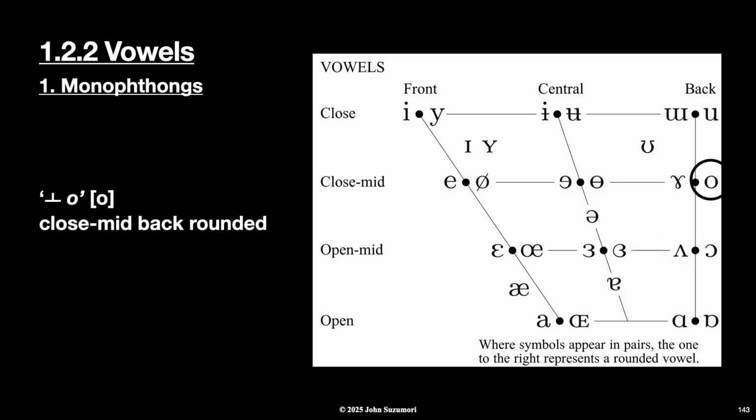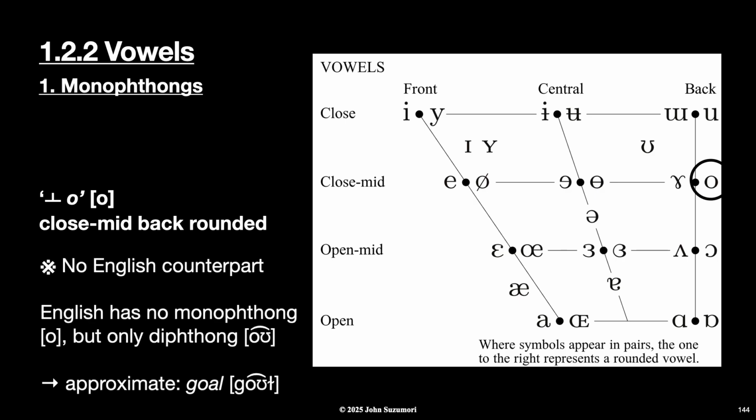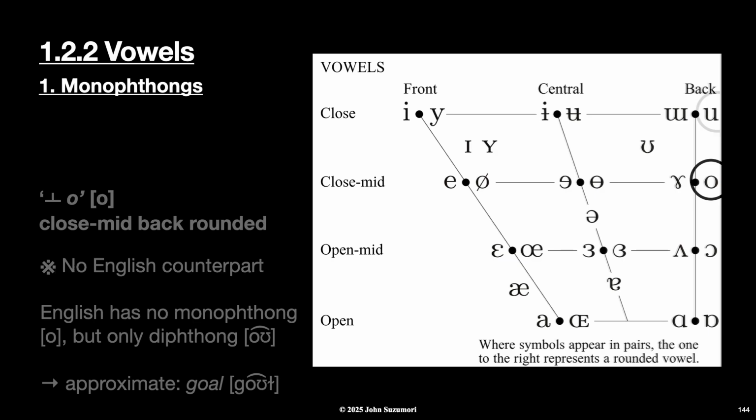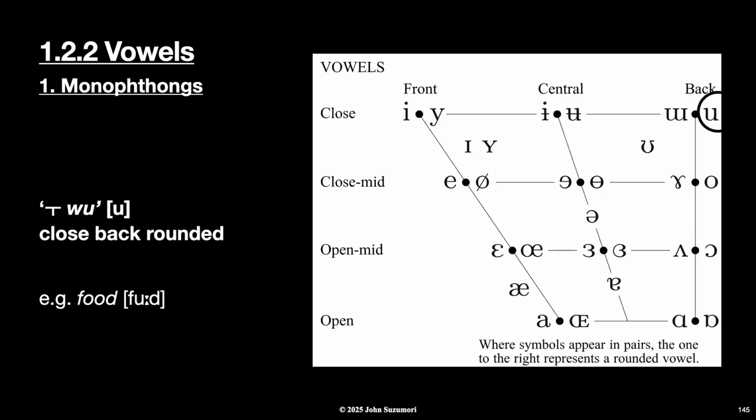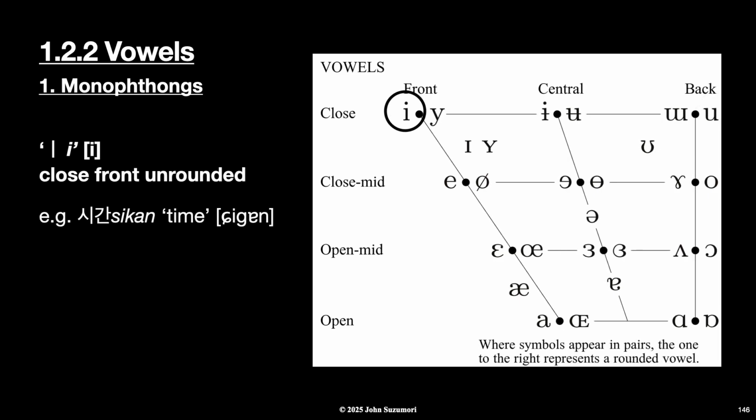ㅗ is a close-mid back rounded vowel. There is no exact English counterpart to this monophthong, since it always appears in a diphthong, such as in go, etc. ㅜ is a close back rounded vowel, and you can also hear this sound in an English word such as food. ㅣ is a close front unrounded vowel, which can be found in a Korean word such as 시간, meaning time.